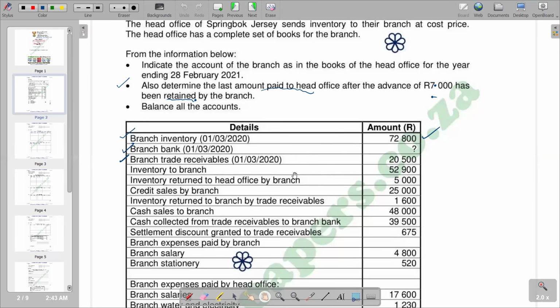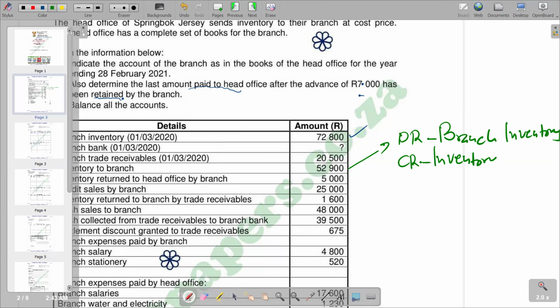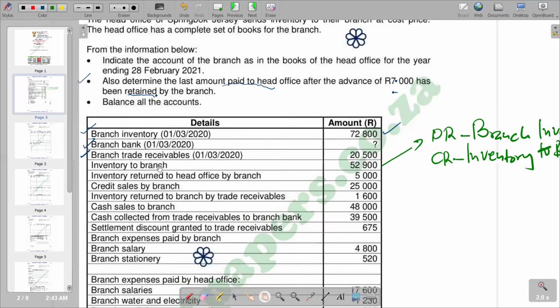We can just maybe bring down the double entry involved here. We are saying for 52,900 inventory to branch, we are going to debit branch inventory and credit the inventory to branch.